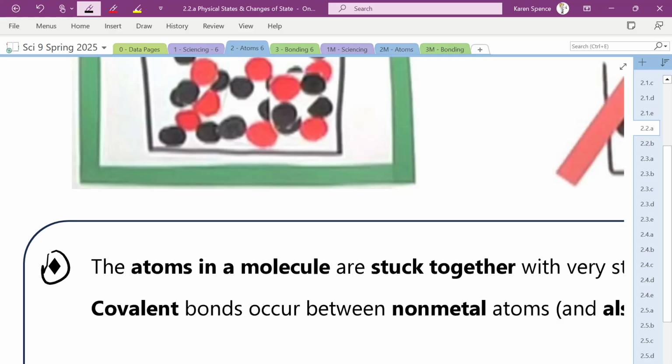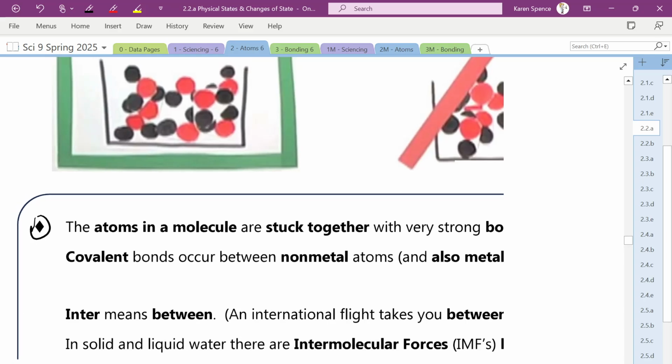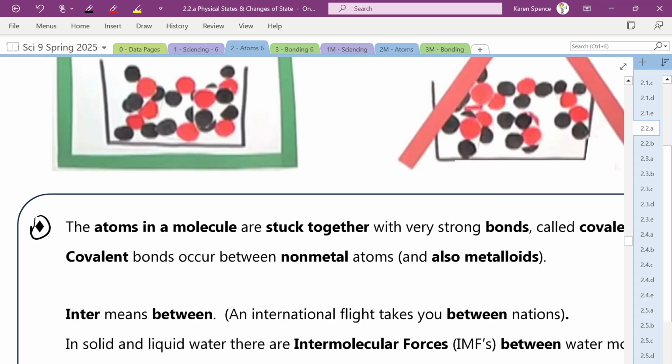Page 52 and 38. Now, for those of you who are interested, I'm going to go over this little bit about the atoms in a molecule. So if you're working on 52 and 38, you're going to do it quietly. If you've already done 38, then you're ahead of the game.